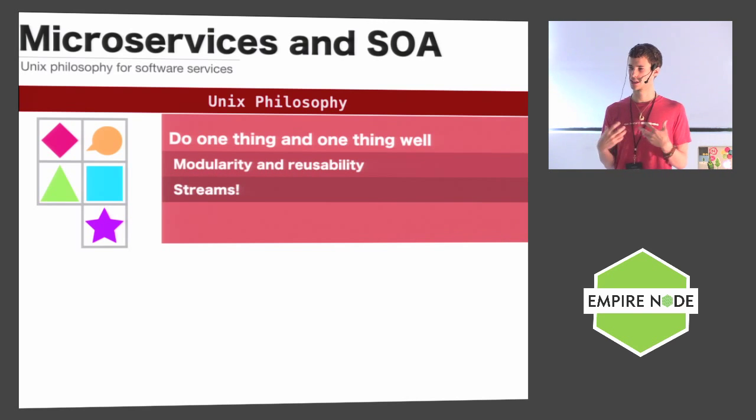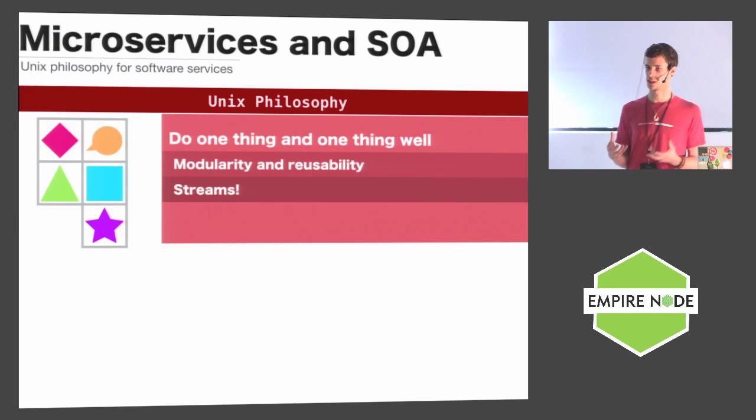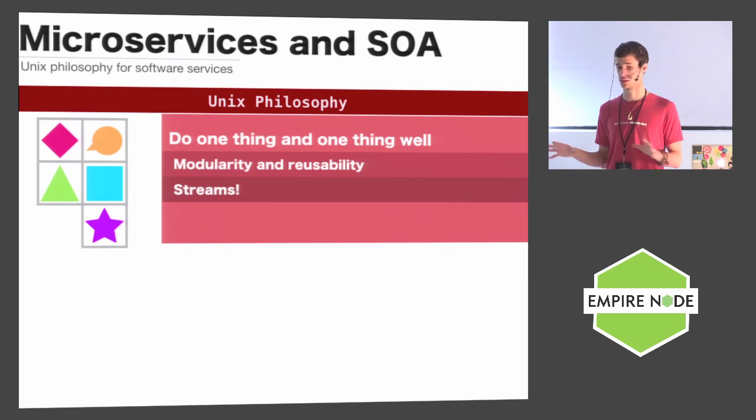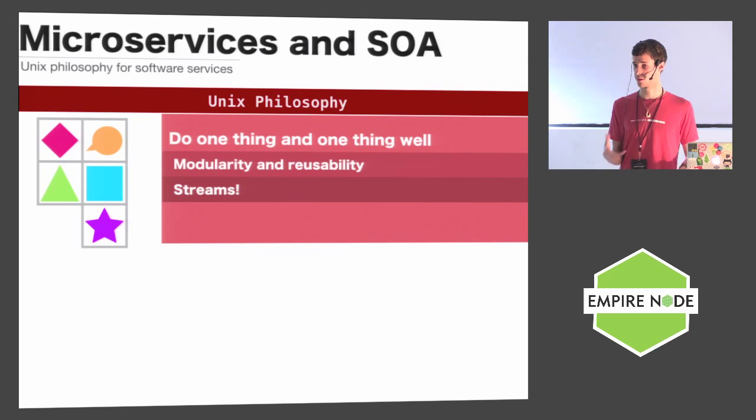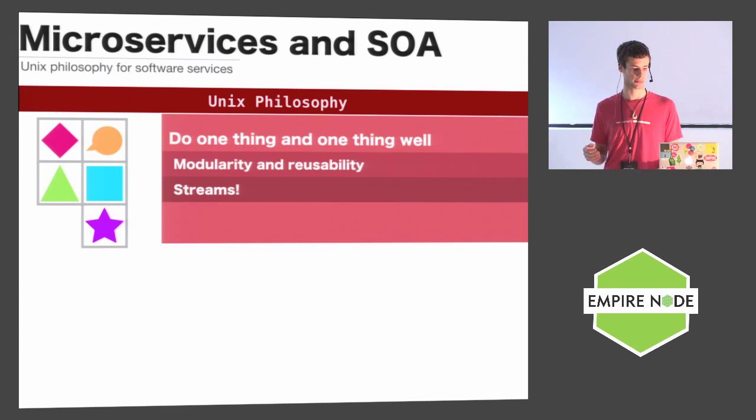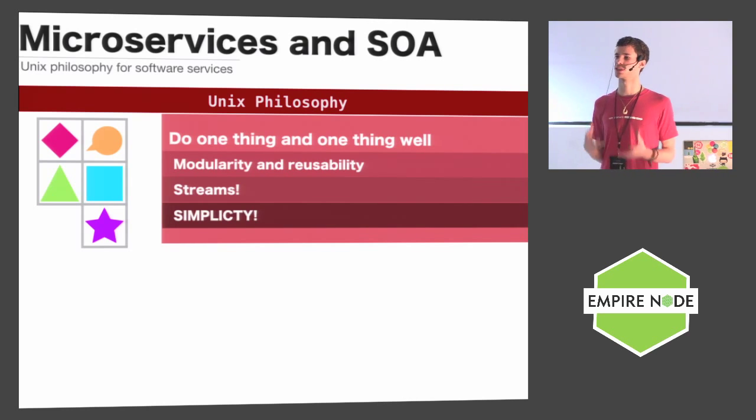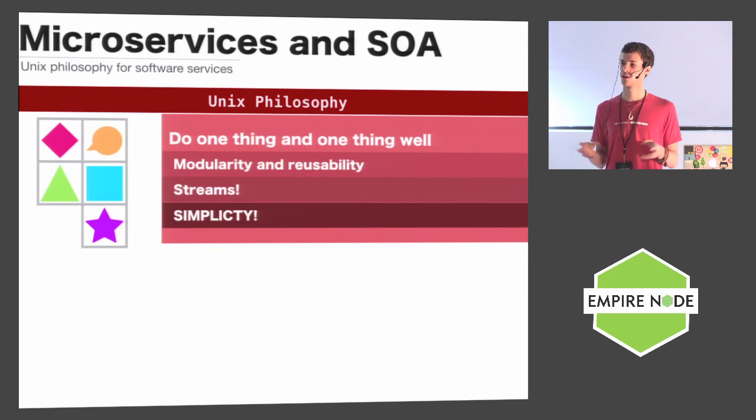And just to nerd out a little bit on the Unix philosophy, streams are my favorite thing, and they were the ones that popularized this. It's super simple interfaces where you now have these separate programs, and we can scale this to microservices that now interact with each other in that same kind of way.